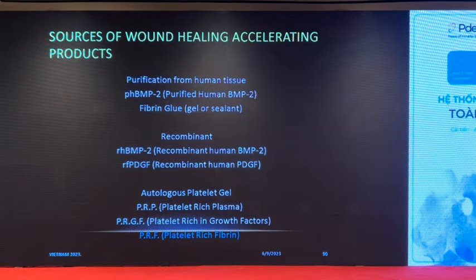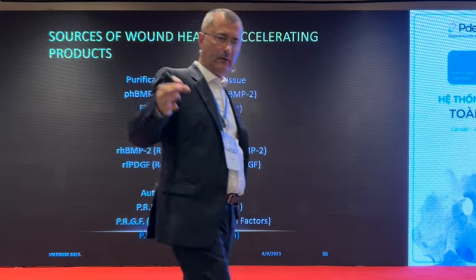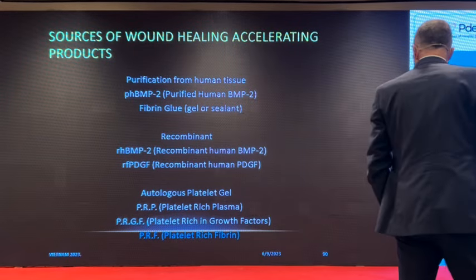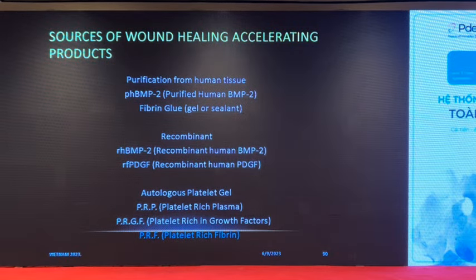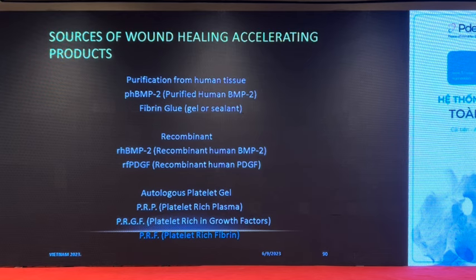We have different materials for healing acceleration. In the first place, purification from human tissue, BMP, then we can use fibrin glue as a gel or sealant.